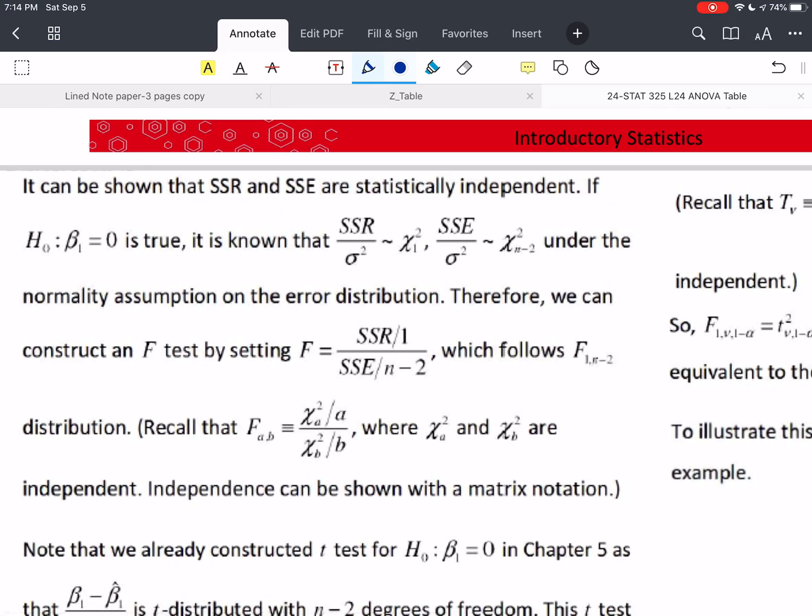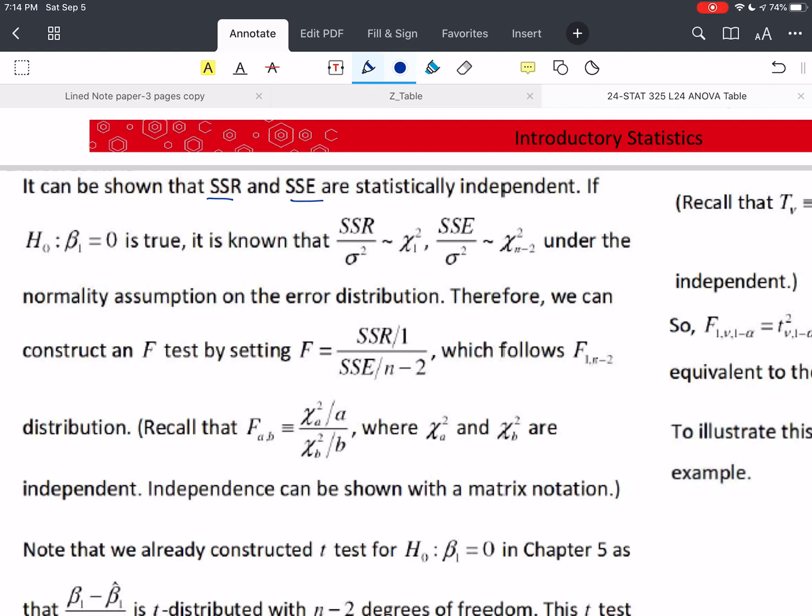So it is known from statistical theory, in our university probability theory, and you'd learn this, that SSR and SSE are statistically independent. That's just true.